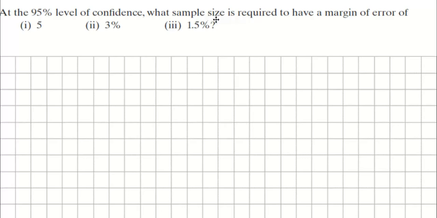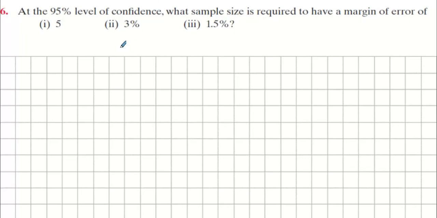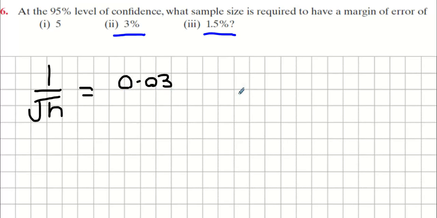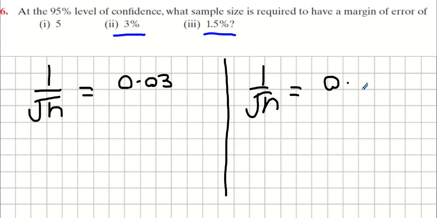These are the ones we did earlier. All I want you to do is 3% and 1.5%, and it's what we learned earlier. 1 over root n equals 0.03. You'd figure out the n value. And the other one is 1 over root n equals 0.015.